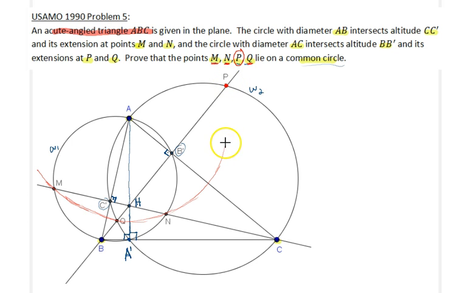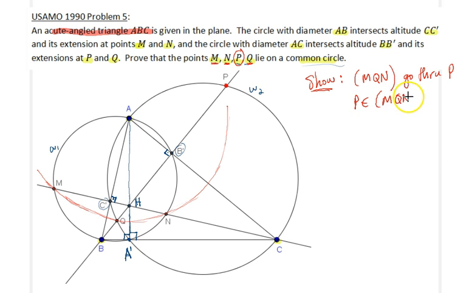If I can show that the circle, which is obviously defined by 3 points, would have to go through point P, that's what I want to show. So I have an equivalent statement here: show that P lies on that circumcircle of triangle MQN.